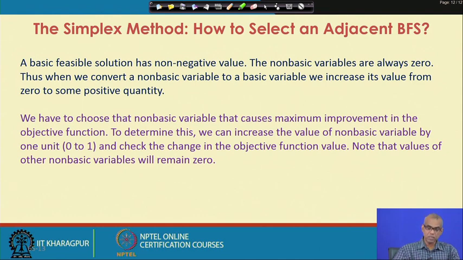Non-basic variables are always 0. So, when we convert a non-basic variable to a basic variable, we increase its value from 0 to some positive quantity. We have to choose that non-basic variable that causes maximum improvement in the objective function. To determine this, we can increase the value of a non-basic variable by 1 unit, say from 0 to 1, and check the change in the objective function value. Note that the values of other non-basic variables will remain 0.